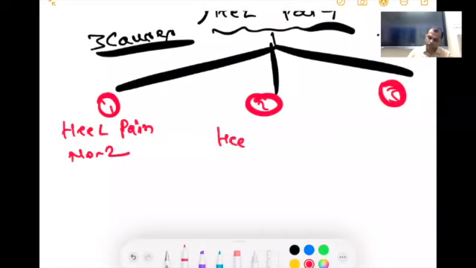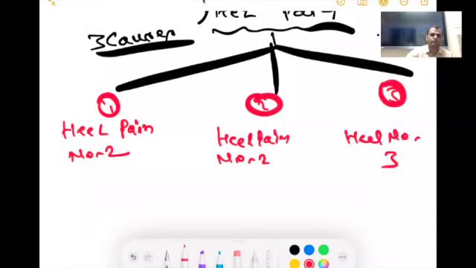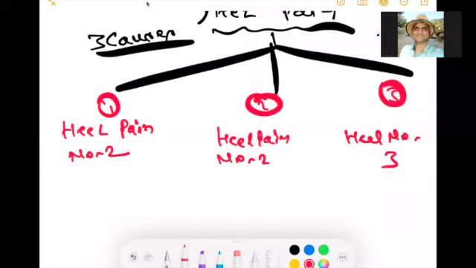Heel pain number two, and heel pain number three. So let's discuss heel pain number one.